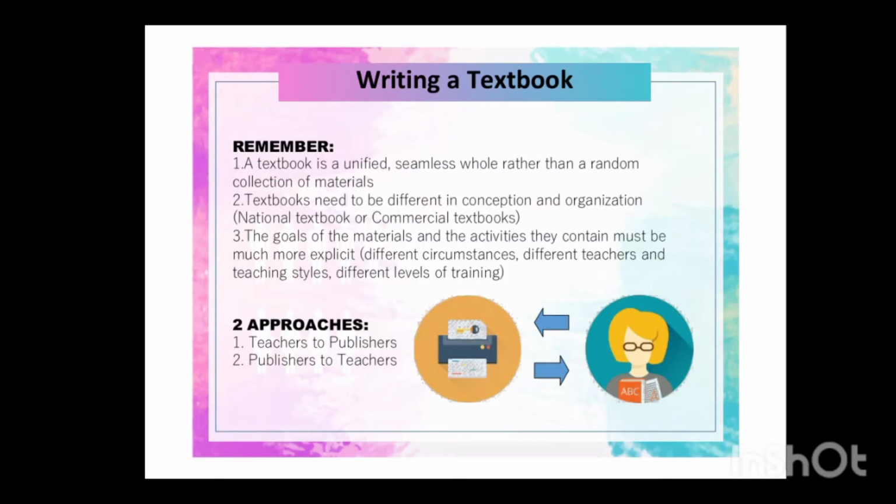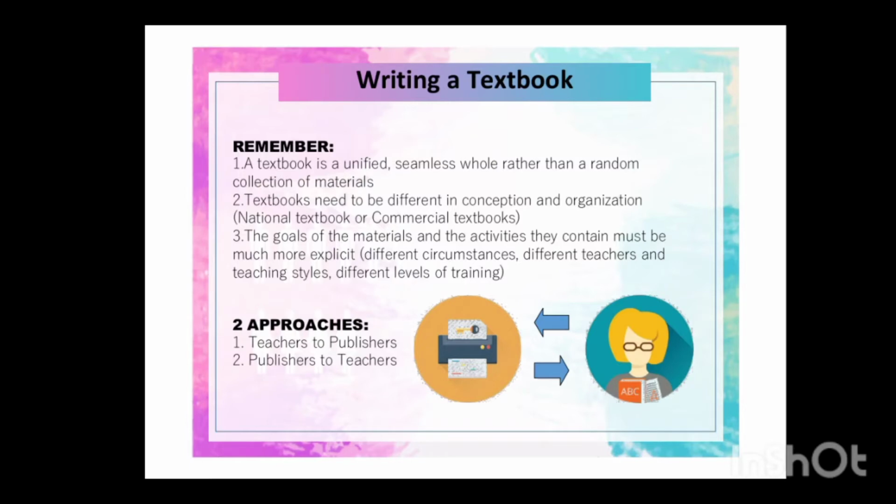First, we have to remember that a textbook is unified. It means that we cannot just choose random materials. We have to really organize it. We have to organize the activities, and we have to organize the materials. So one textbook is unified, as an example, from unit 1 until unit 10.